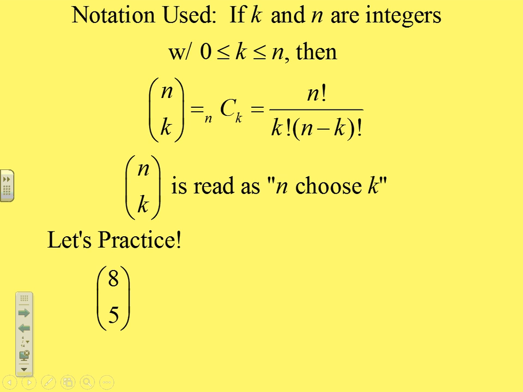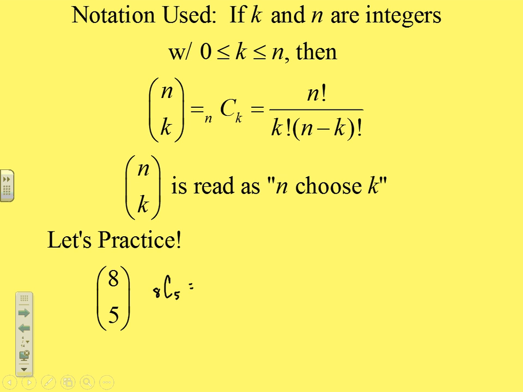Whatever happens to be on top, we say that choose the bottom number. So here we would say 8 choose k for the combination that we're seeing. And this is really just a review of what we did with combinations in the past. So here I would say 8 combination 5, or 8 choose 5.